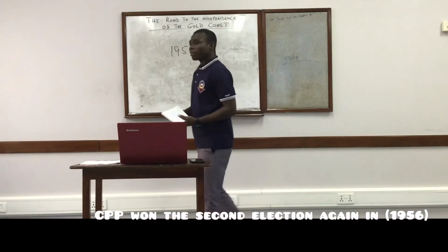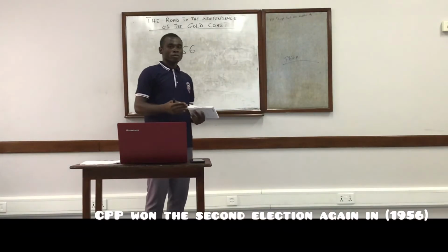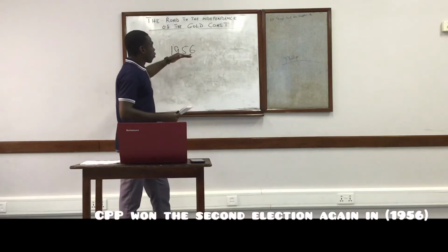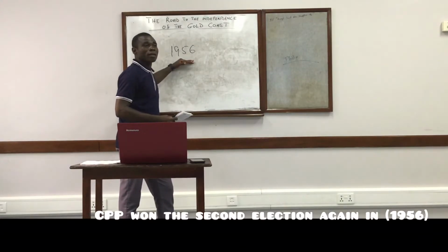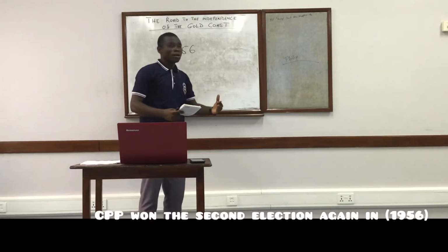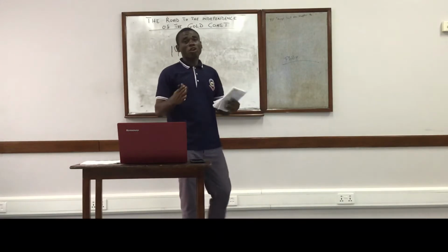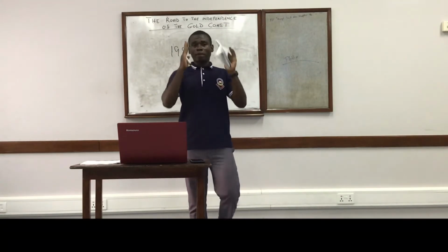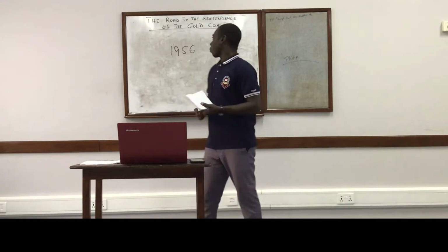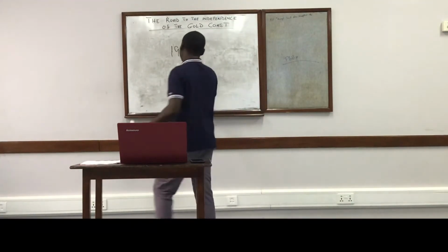So the question that I will ask is, when Nkrumah won the elections, his objective was to ensure the Gold Coast would become independent. That was the objective of the CPP.